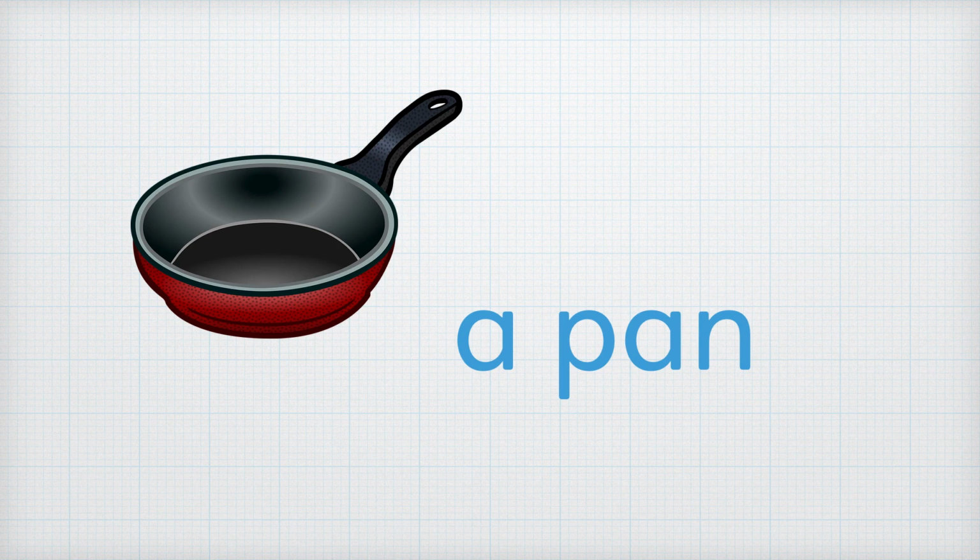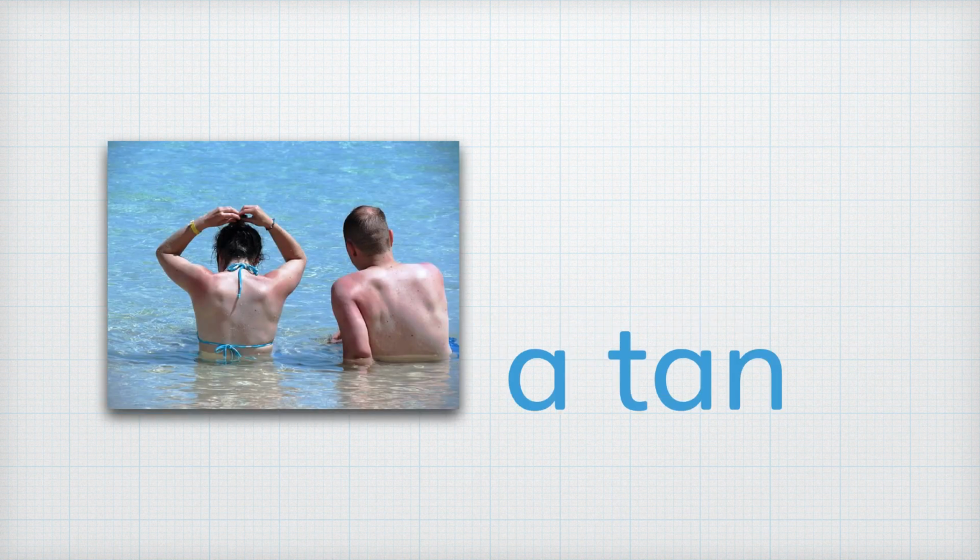Notice the space between those words. It's as wide as the letter N. So when you write, or if you're using the cut-up cards, you do have to leave that space. A tan, like a suntan.